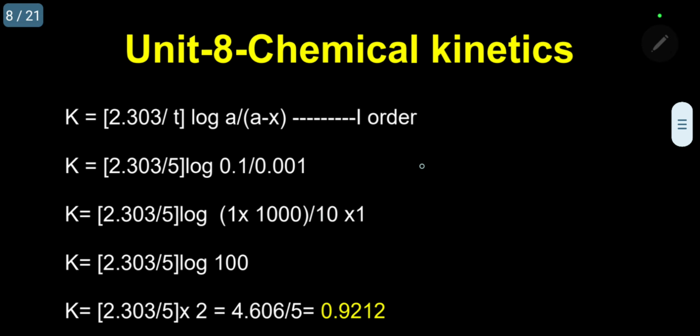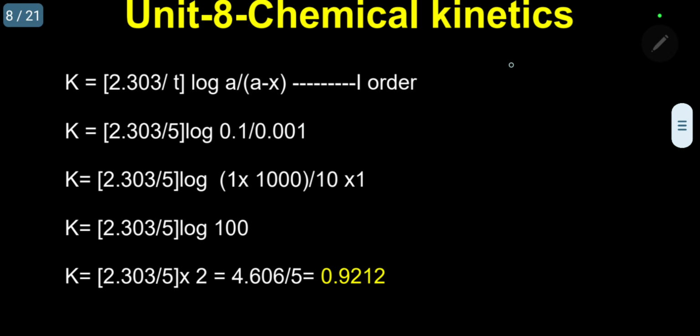Let me derive. You can see here, we know it's a first order reaction, given clearly. So what is the first order reaction? K equal to 2.303 by t log a by a minus x. The first order: t is time taken, a is initial concentration, a minus x is the concentration after time t.